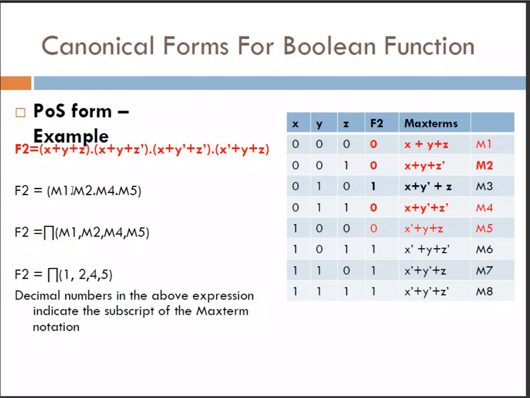So this dot or multiplication will be replaced by this symbol for a product of M1, M2, M4 and M5. These are the same notation. Having this one, simply you will get this one in a simple way, and then we'll have a truth table in this way. Okay, this is a truth table. The decimal numbers in the above expression indicate the subscripts of the max term notation.